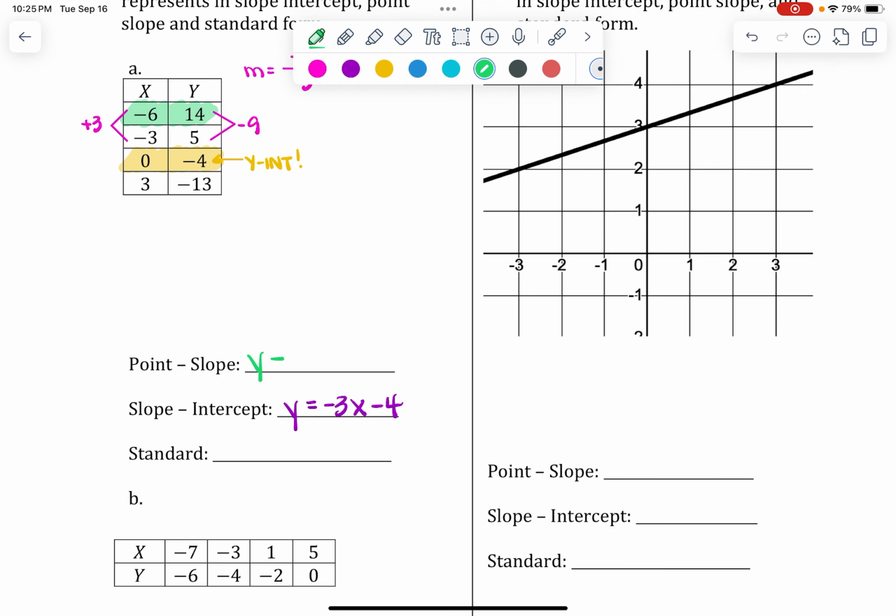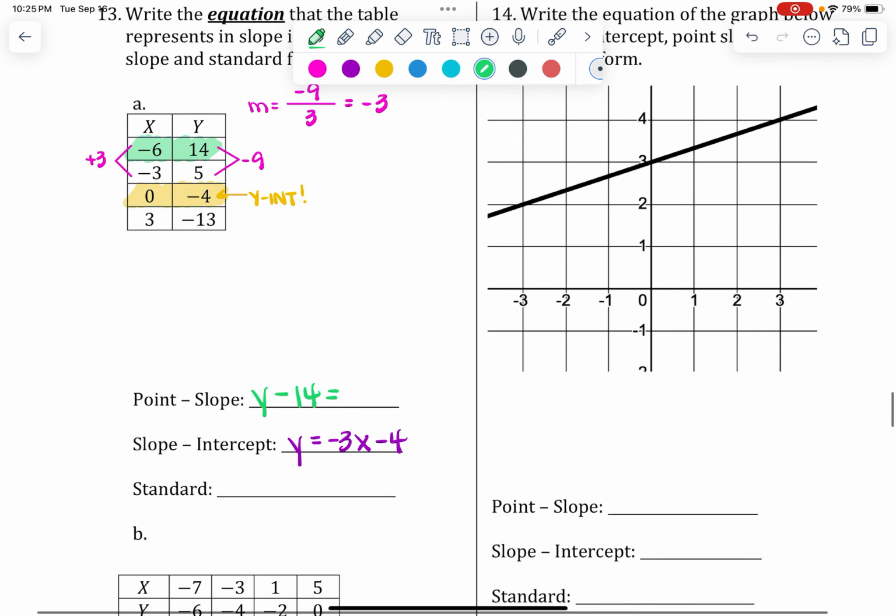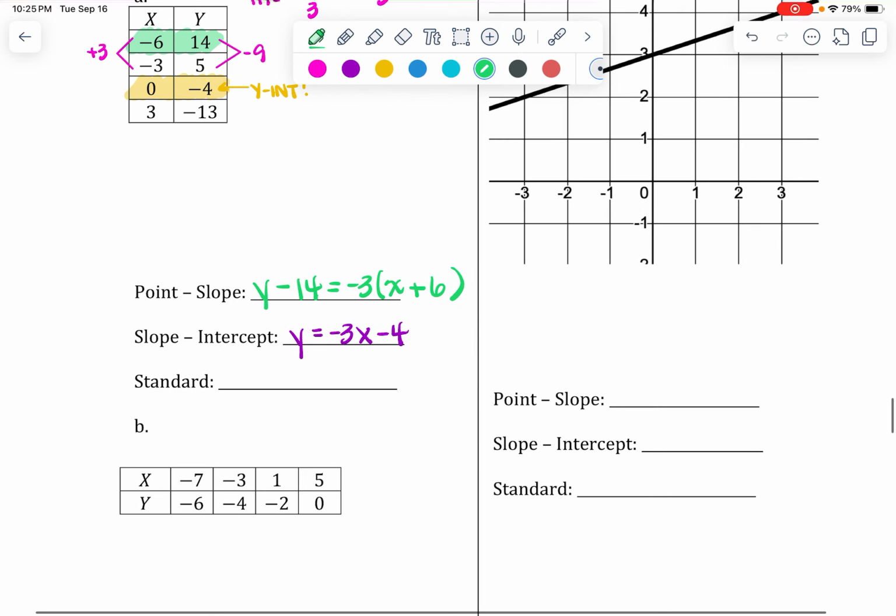So y minus y1 equals my slope of -3 times x minus -6, which is a double negative, so plus 6. Again, any of the points would work. I would accept them all, so pick one. It doesn't matter.